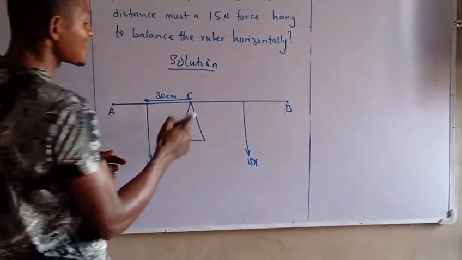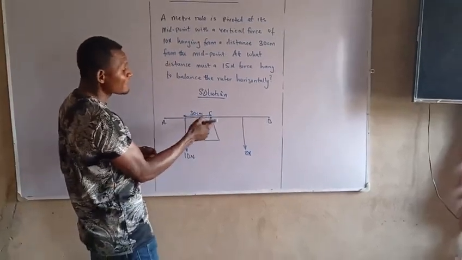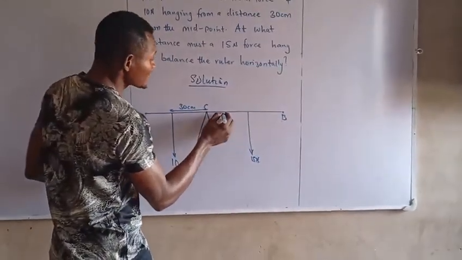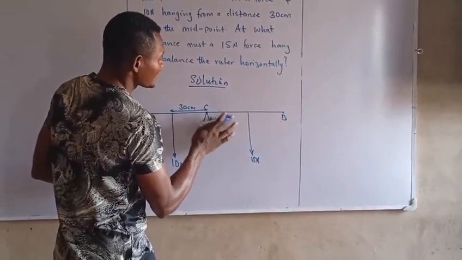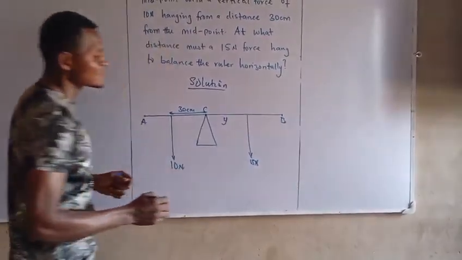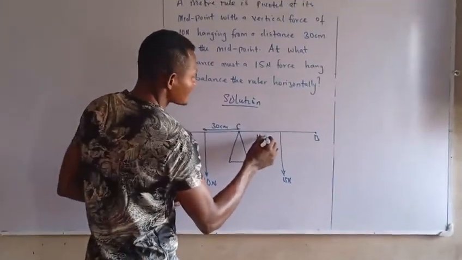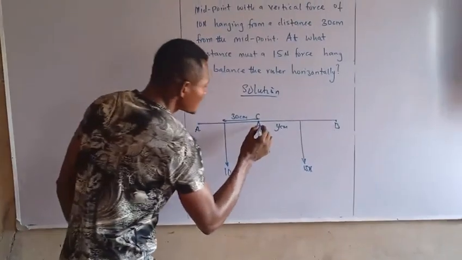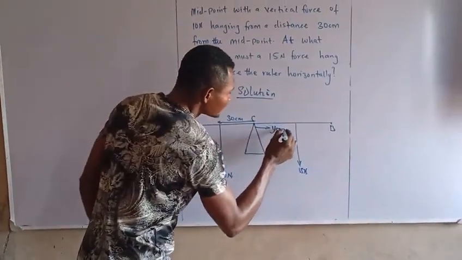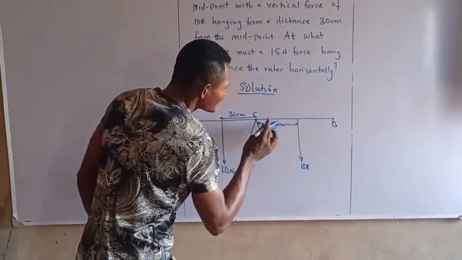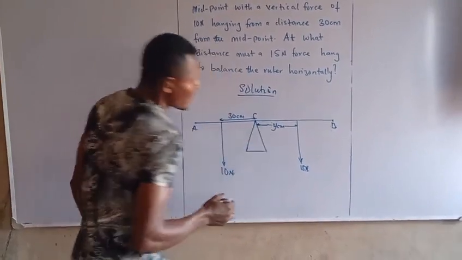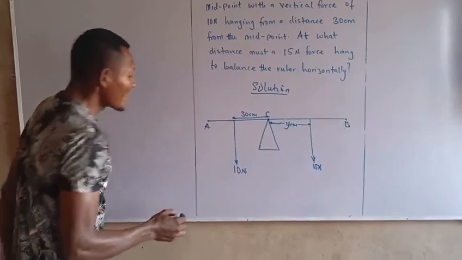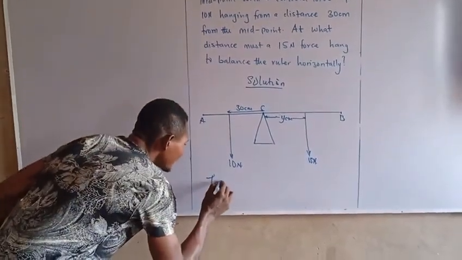Then the question is asking for a distance, the distance from the support. So this is distance X, or let's leave it as Y. The distance from here to here is y cm.